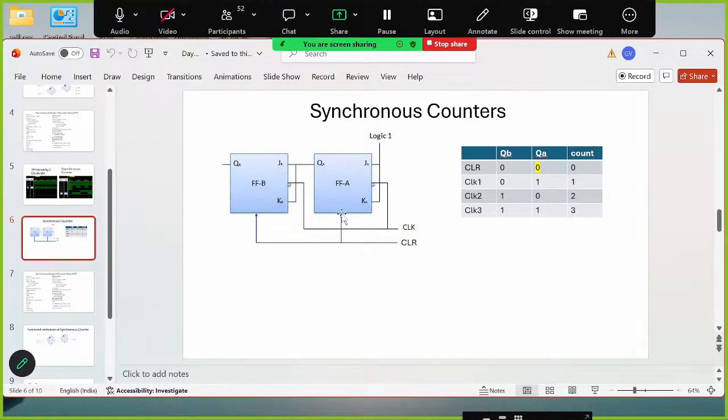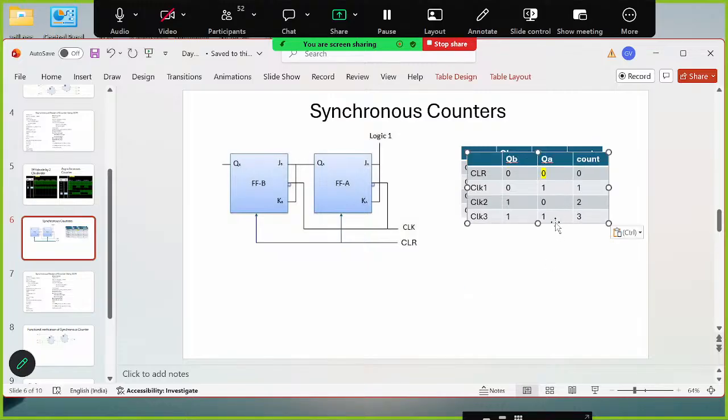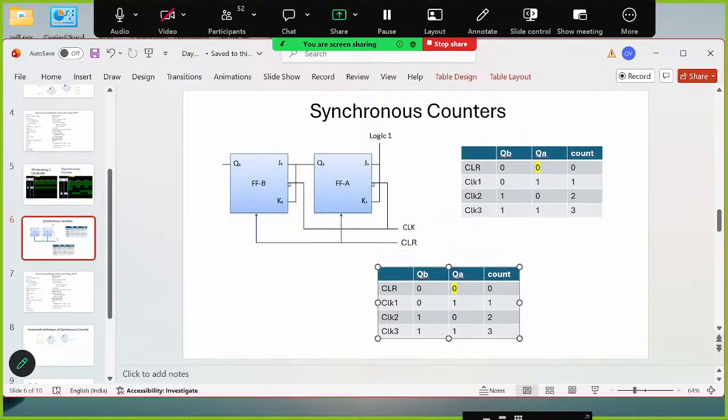We know this as per the truth table of the T flip flop; let me draw it for you. This is the T input, this is Qn, and this is Qn plus 1, the next state.